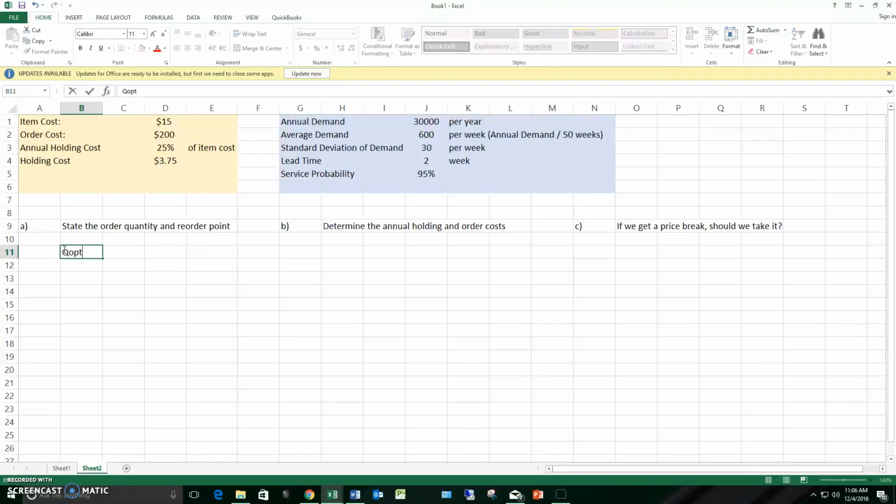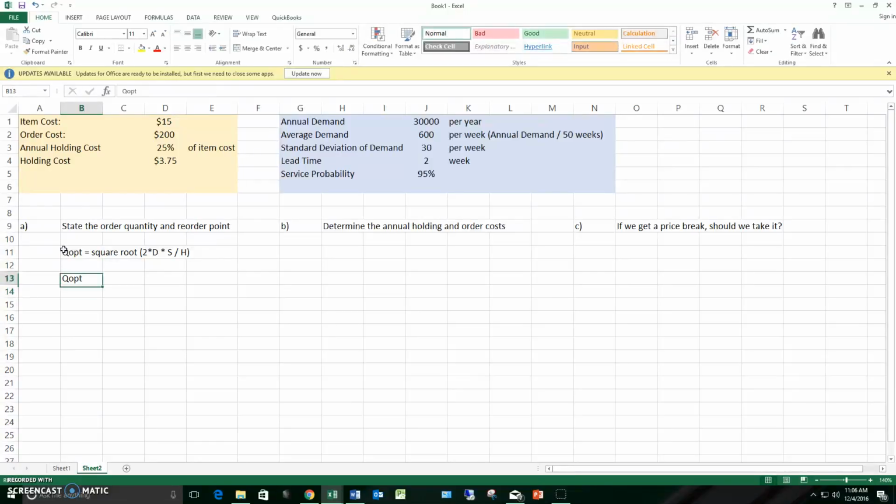So we know from discussions that our quantity for ordering, or our Q optimum, is equal to the square root of 2 times our annual demand times our order costs, and that's divided by our holding costs. Straight from the book.